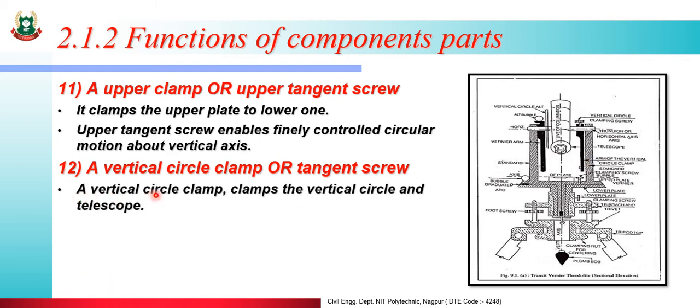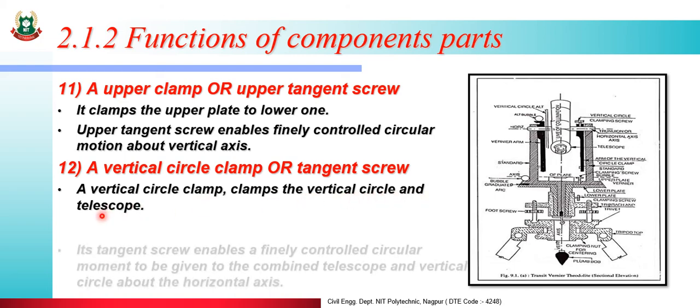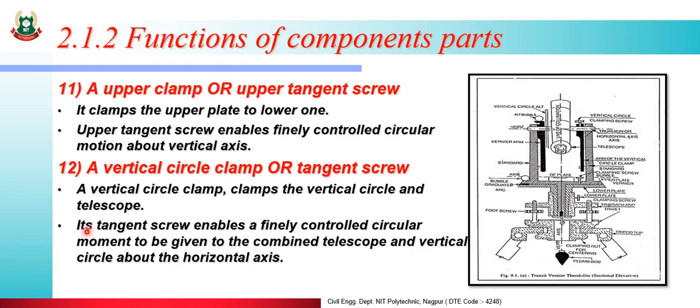A vertical circle clamp clamps the vertical circle and telescope. Its tangent screw enables a finely controlled circular movement to be given to the combined telescope and vertical circle about the horizontal axis.